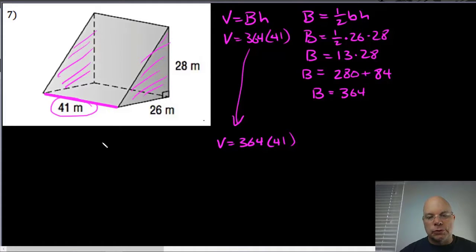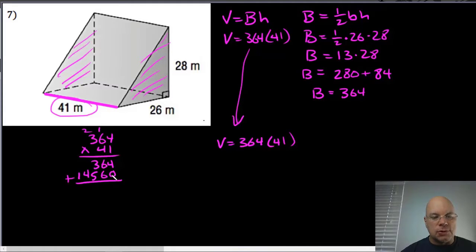364 multiplied by 4 is 1456. You know what? I'm going to do the traditional algorithm for this one because I think my other way is not going to be as understandable. And then when I multiply by 4, I'm multiplying by tens, so I start with a 0 in the ones place. 4 fours is 16, carry the 1, 6 fours is 24, and 1 is 25, carry the 2, 3 fours is 12, plus 2 is 14.